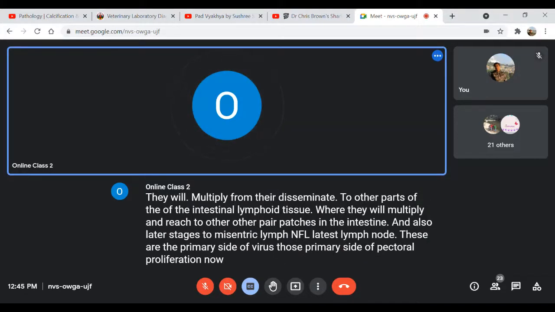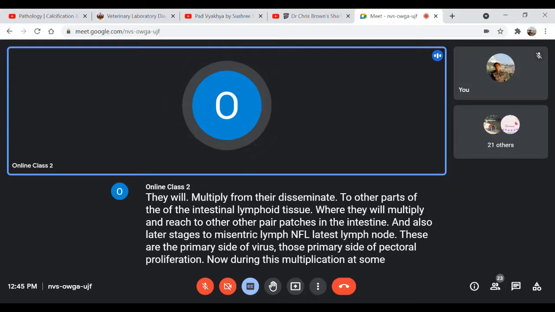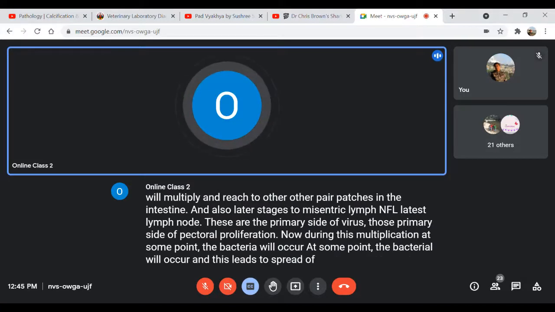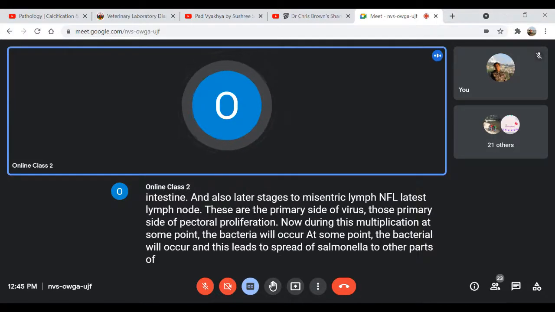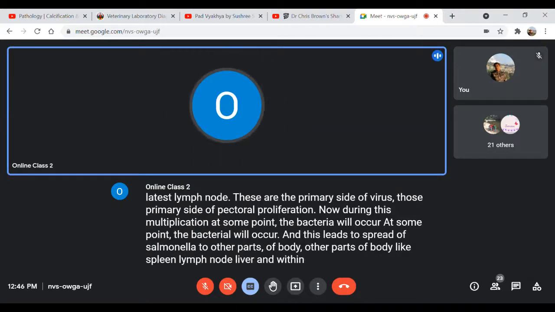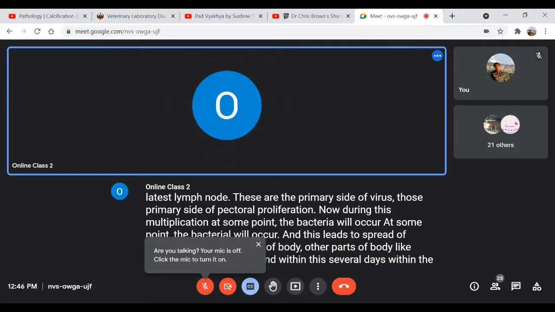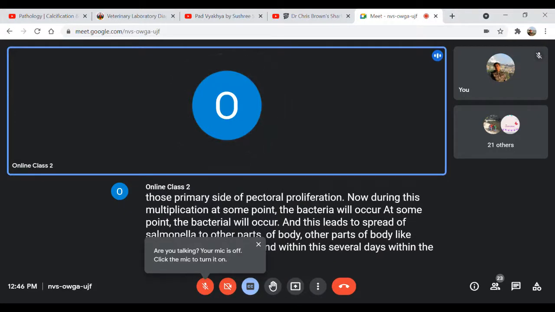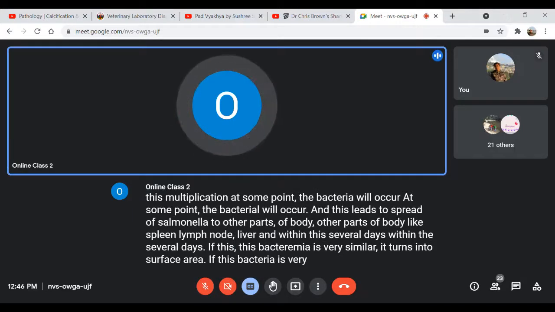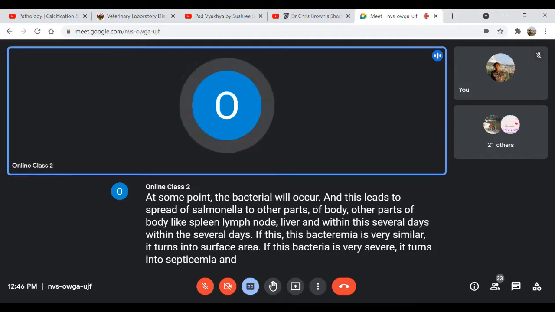During this multiplication, at some point bacteremia will occur, and this leads to spread of Salmonella to other parts of the body, like spleen, lymph node and liver, within several days. If this bacteremia is very severe, it turns into septicemia, and septicemic death of the animal may take place.